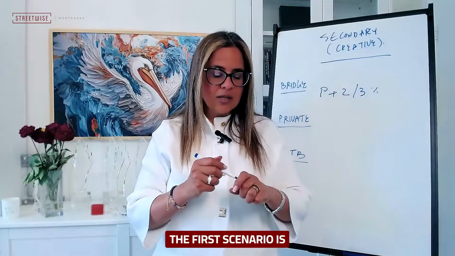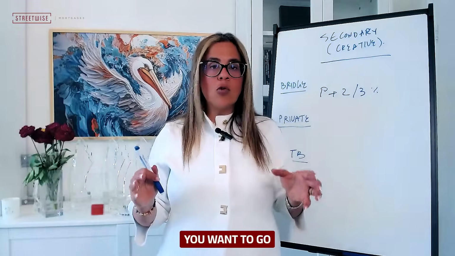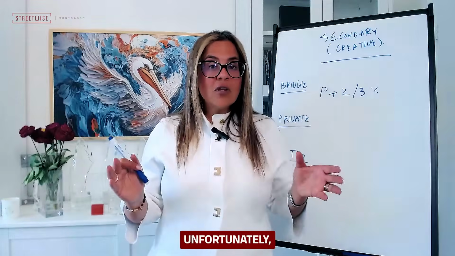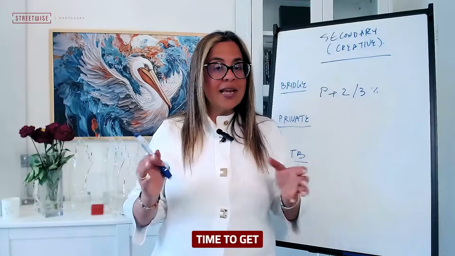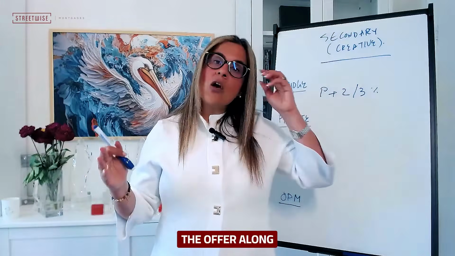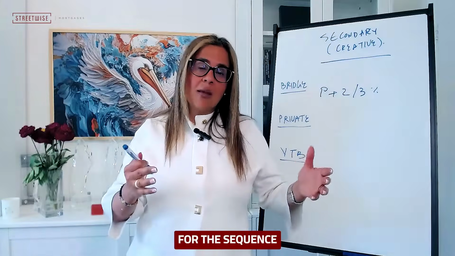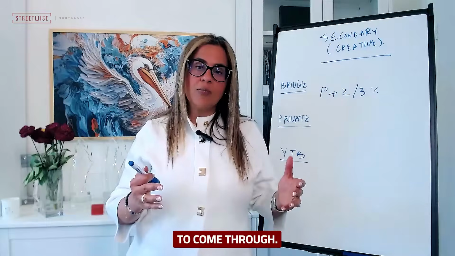The first scenario is, let's say you found a property and you know that you want to go to CMHC for financing. Unfortunately, CMHC takes time to get deals financed, and you cannot sometimes keep the offer alive for a long time for the CMHC financing to come through.